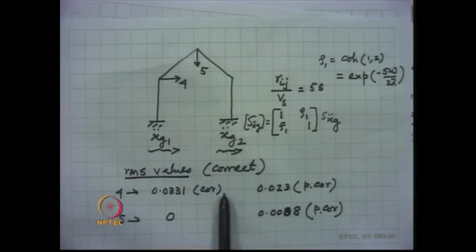So, one can see that for fully correlated ground motion, that is for the single support excitation, the response is more compared to when it is partially correlated.